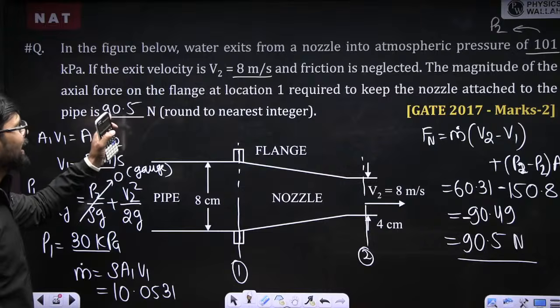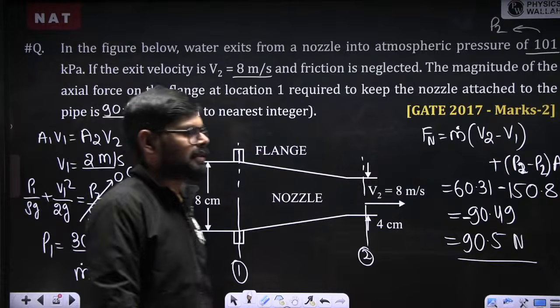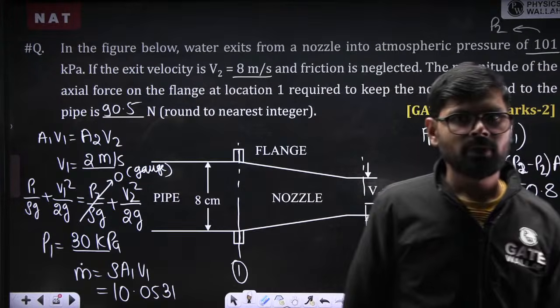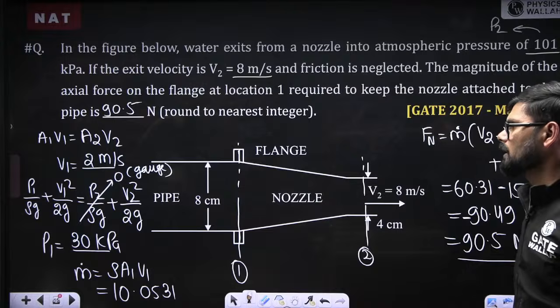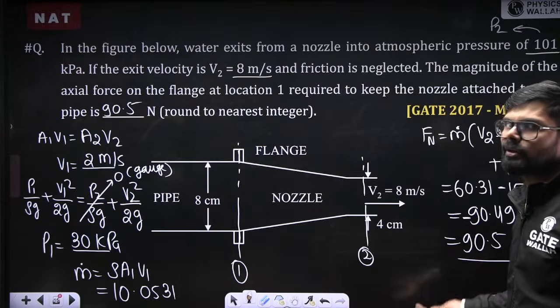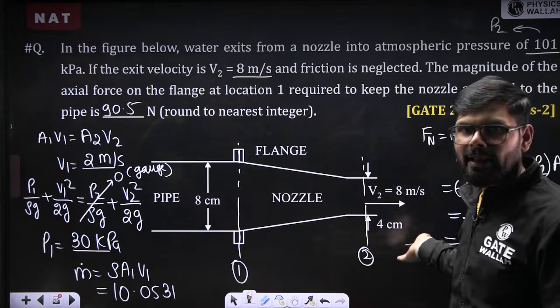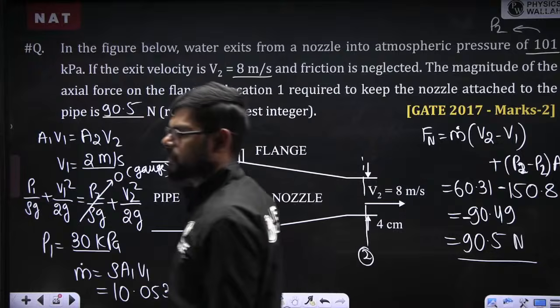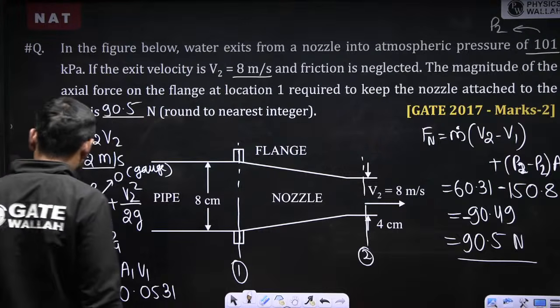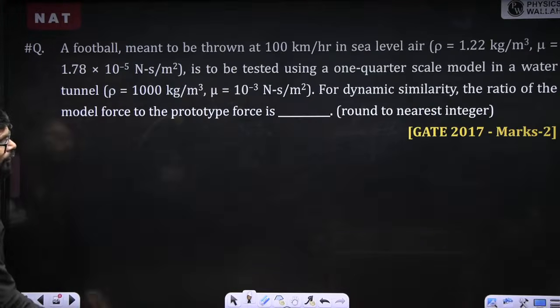In this question, 90 and 91 both will be considered as an answer, don't worry, because some people may write only 90, some people may write 91, so both answers will be correct hopefully.